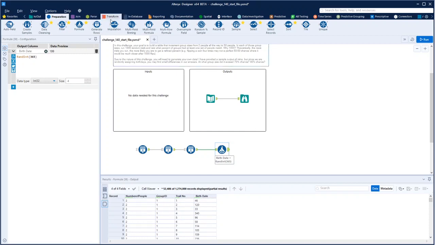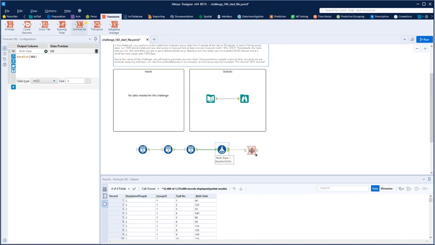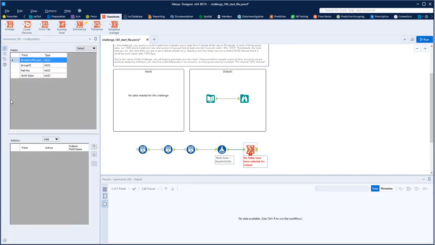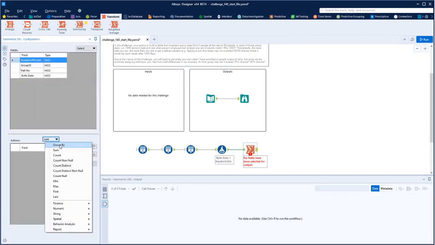So what we're looking to match on is the trial number and, is that right? I was trying to think. The birth date, I think we want to match on. Yeah, it's the number of people, obviously, grouped by that.